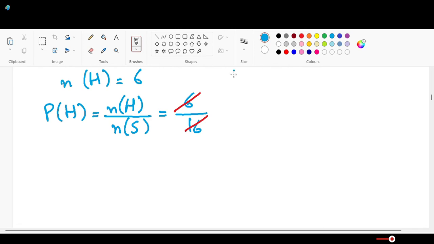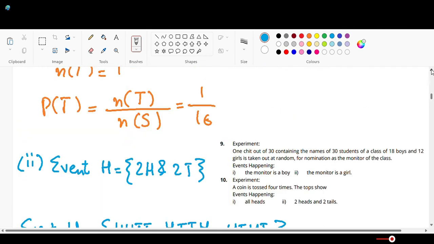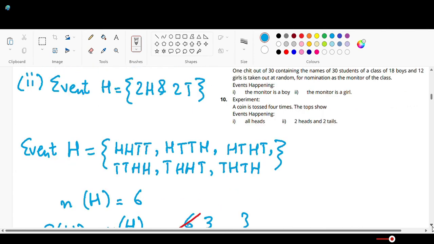So we get 2 3s are 6 and 2 8s are 16, so 3 over 8. So we have a 3/8 chance of getting, what was this again? Yeah, 2 heads and 2 tails together. So at least it's better than getting all heads. But yeah, it's still seldom.